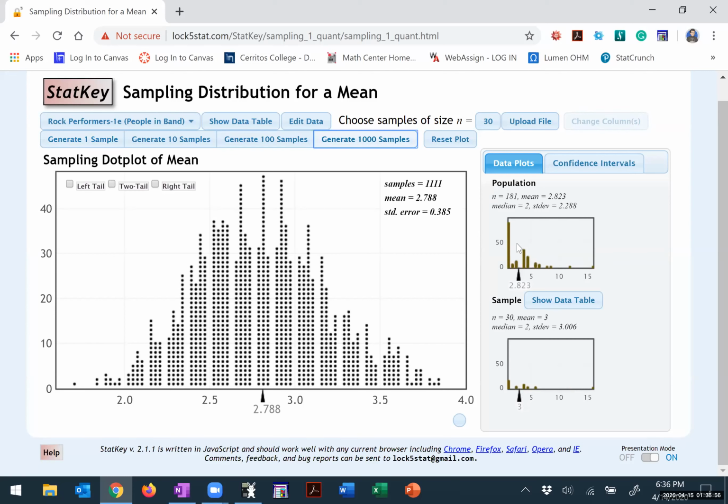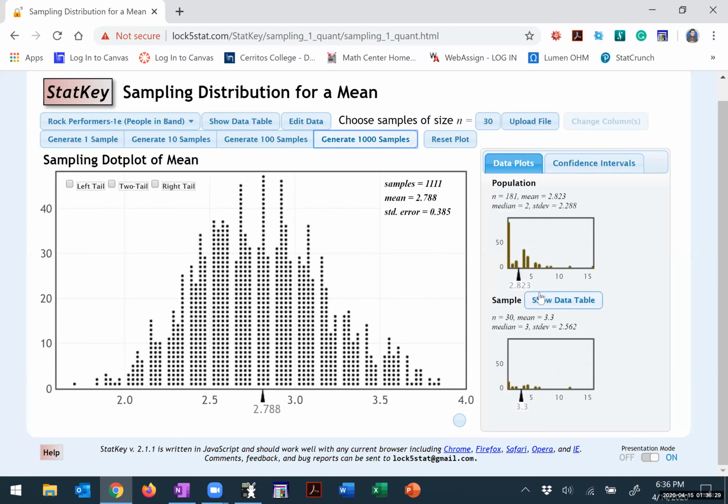We took something that was right skewed, and we turned it into an approximate normal distribution, not standard deviation, where the mean is about 2.877.